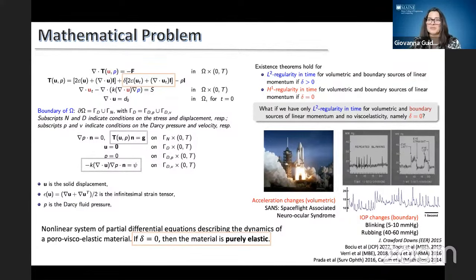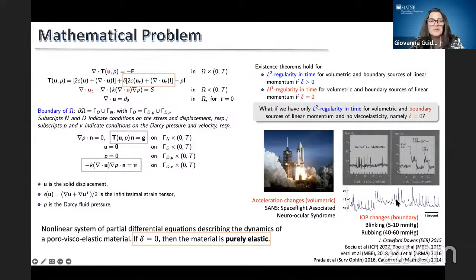Translated into practical terms, it means that the intraocular pressure, as you see here in a real tracing from telemetry on primates, varies in time very quickly. That is just physiological, due to, for example, blinking or rubbing the eyes.